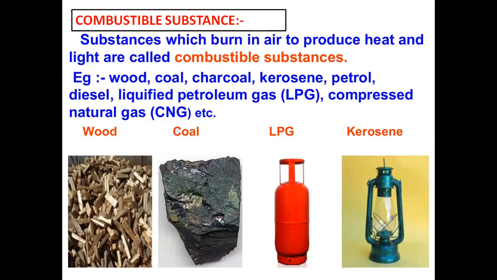Some examples are wood, coal, charcoal, kerosene, petrol, diesel, LPG and CNG, etc. So many examples are of combustible substances. Here we can differentiate between combustible and non-combustible substances.